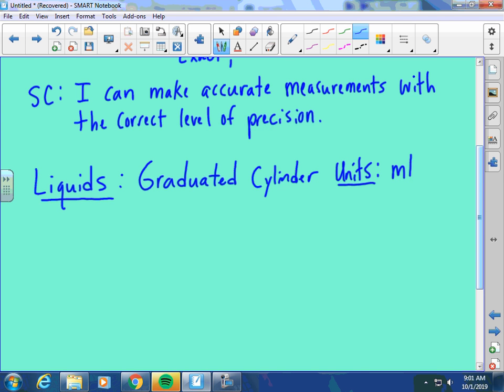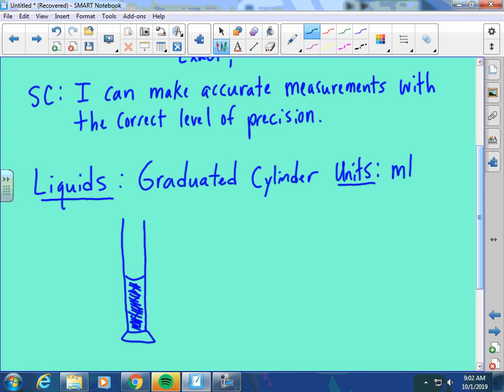So you'll have to forgive my drawings. You'll find over time that I make really poor drawings. But let's say this is a graduated cylinder. And I have some liquid in here. And this is not a very good graduated cylinder.